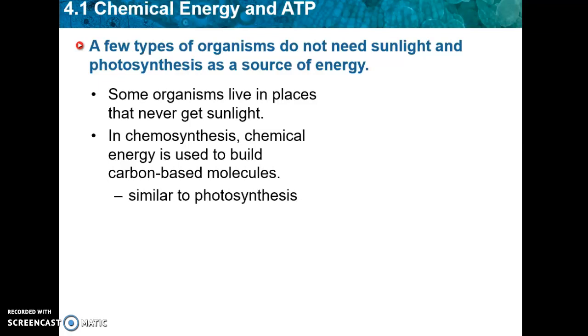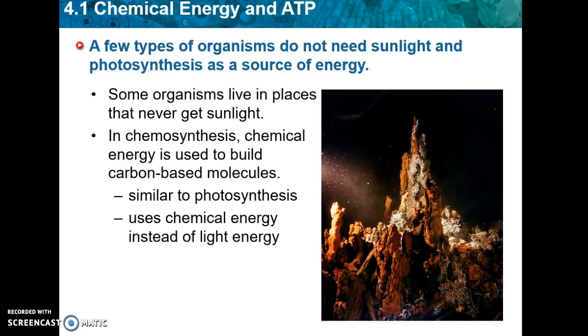This process is somewhat similar to photosynthesis, which we'll get into in the next section. It's similar to what plants do, but instead of using light energy, it's going to use chemical energy. This is just a picture of what actually appears to be a water-filled cave.